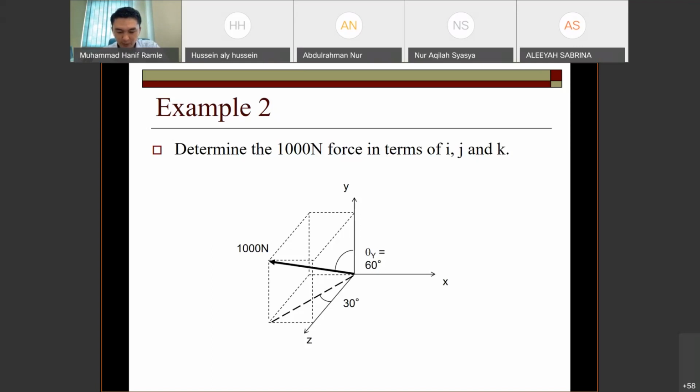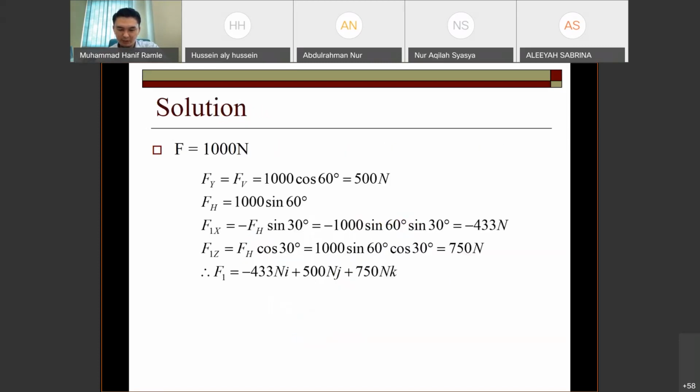First, you have to resolve this force into two components: Fv, which equals Fy, and this component Fh. Using the angle theta y, you can get Fv and Fh straight away.